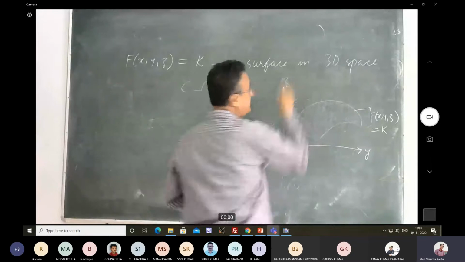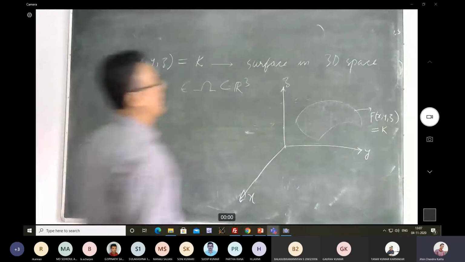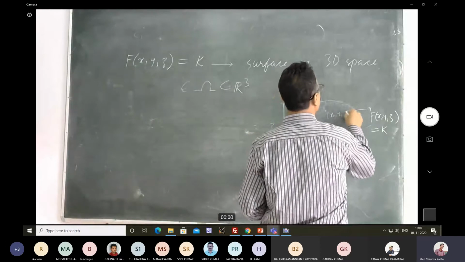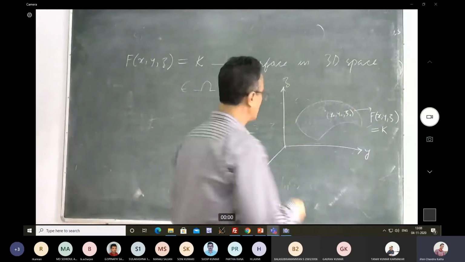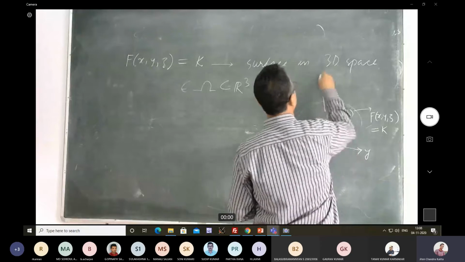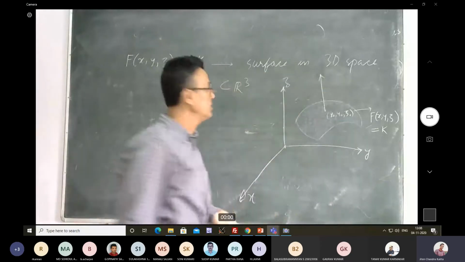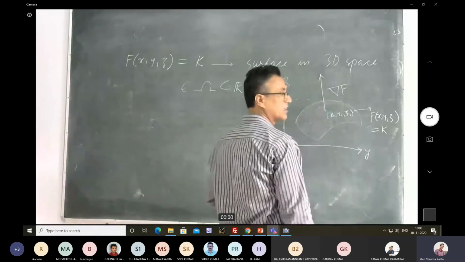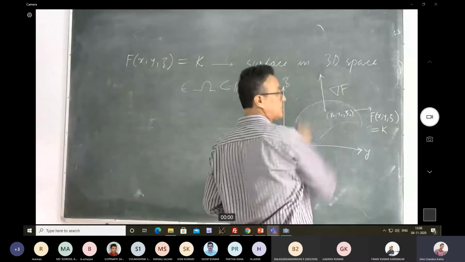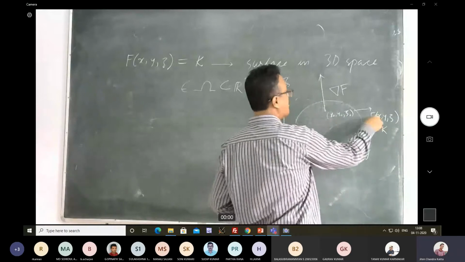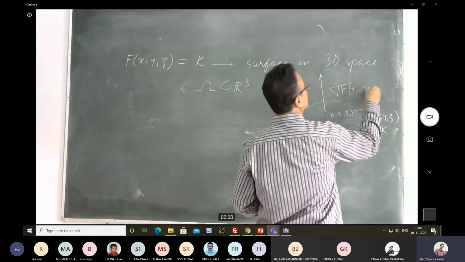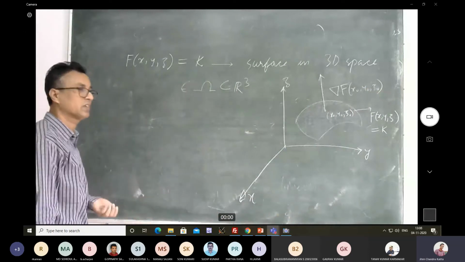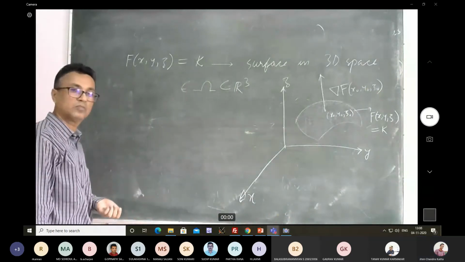Okay, fine. So then you know that at any point, say x naught, y naught, z naught, what happens? Like a normal is defined by the gradient vector of the function f at the point x naught, y naught, z naught. Is it okay with everybody? Fine?